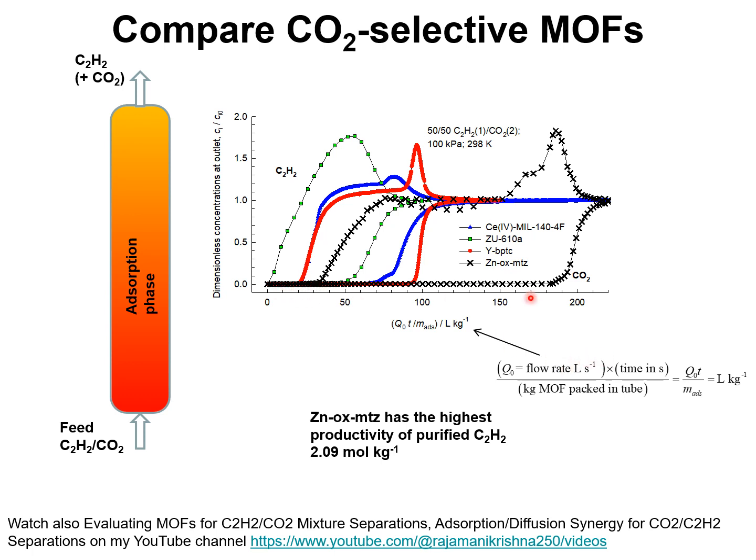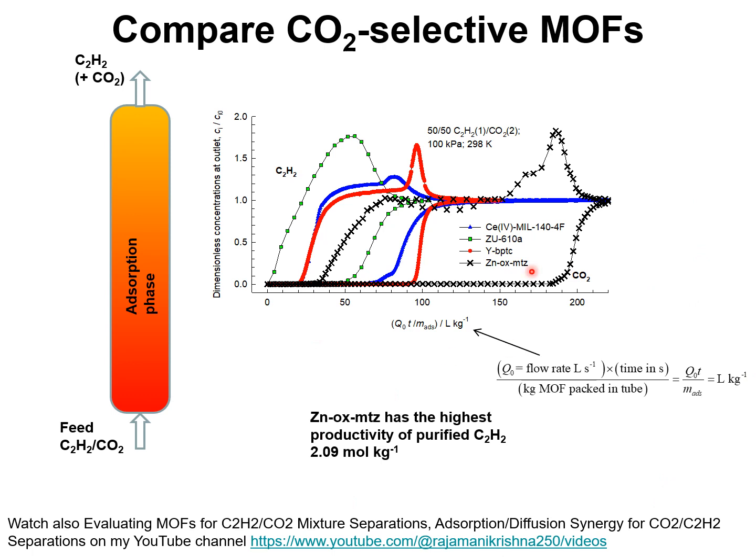The time interval between the breakthrough of C2H2 that occurs near the beginning and CO2 that occurs towards the end of the breakthrough, that time interval is an indicator of the productivity of purified C2H2.